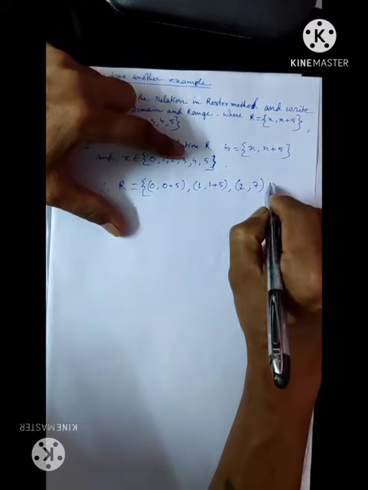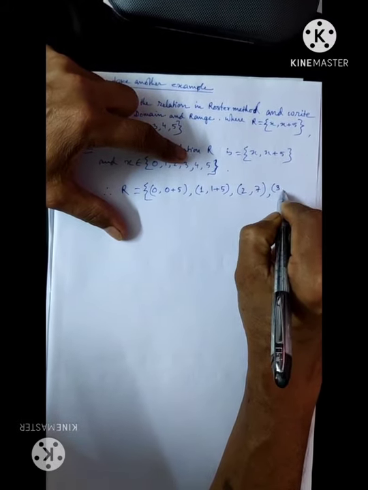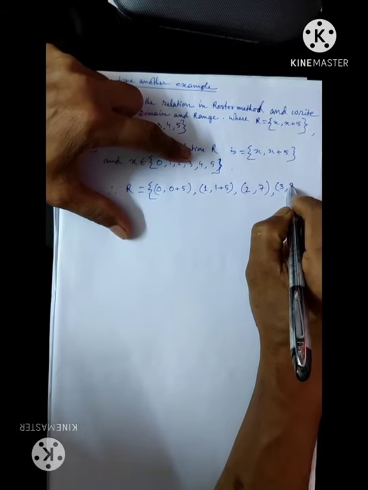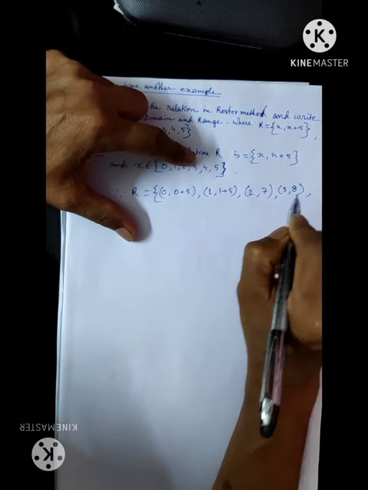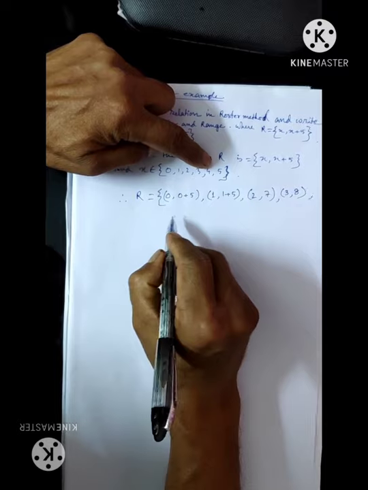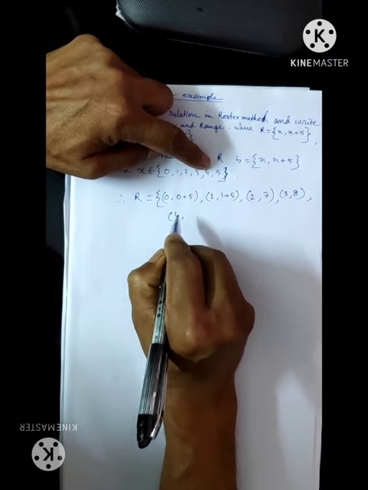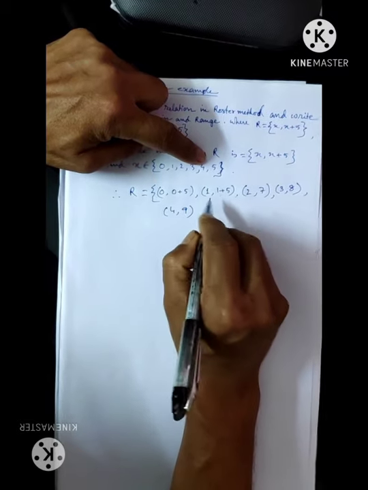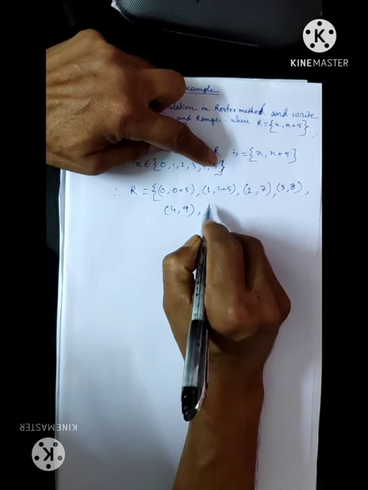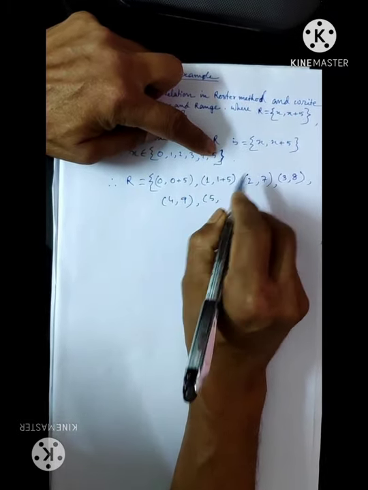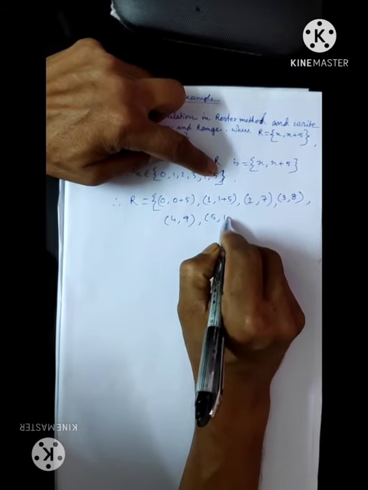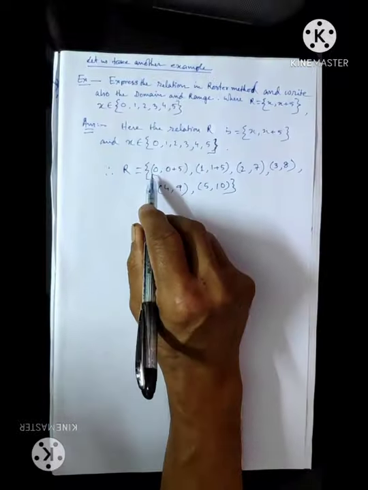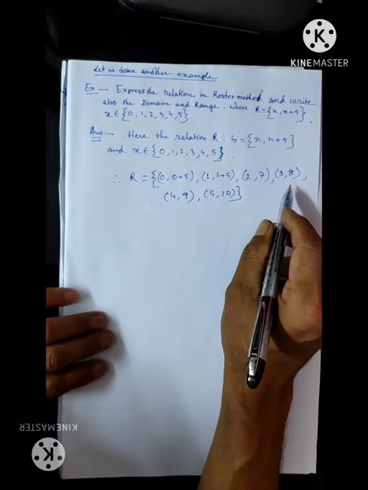If x is equal to 3, then this ordered pair is 3, 8. If x is equal to 4, then 4 plus 5 is 9, and if x is equal to 5, 5 plus 5 is 10. This is the ordered pair of the relation.